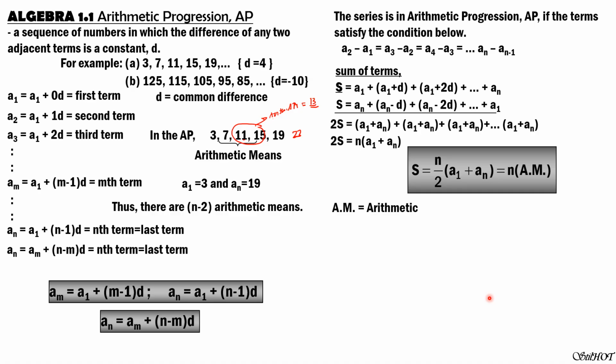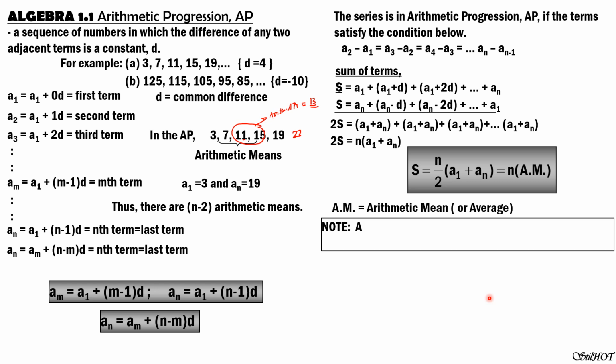So AM is arithmetic mean or average. We note that the arithmetic mean is half of the first and the last, second and second to the last, one half of second plus second to the last, plus dot dot dot, average of a sub m and a sub n minus m plus 1, divided by 2. So for odd n, a sub m is the middle term.